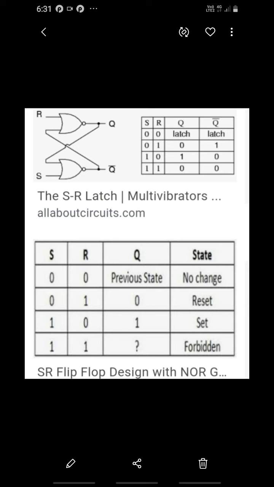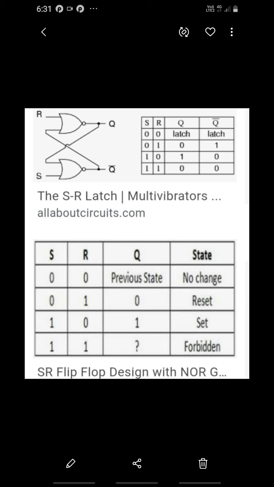Next, before going to analyze the RS latch, we recall that a logic 1 at any input of an OR gate forces its output to a logic 0. When r is equal to 0 and s is equal to 0, the output of the latch remains in its last state, that is q is equal to q0.